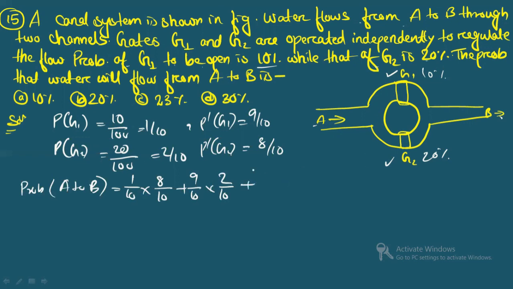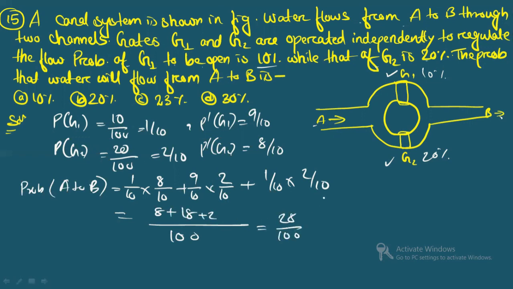Last is when both are open, that is 1 by 10 into 2 by 10. So the denominator you will have 100 and here you will have 8 plus 18 plus 2. So this is 28 by 100.